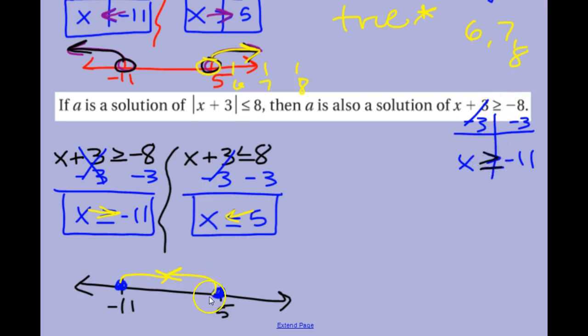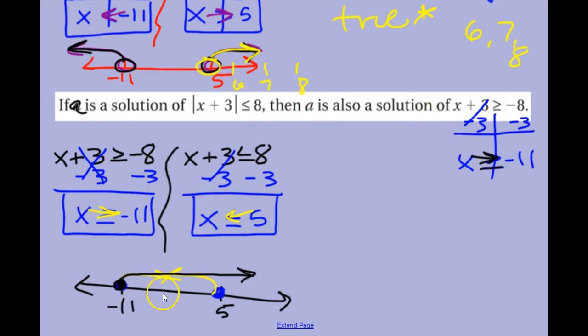So here we have greater than or equal to negative 11, so here's negative 11. Greater than is to the right, so all the numbers that are greater than negative 11. So let's think about this. If A is a solution of both of these, then that same number, whatever number I pick, also has to be a solution of this.